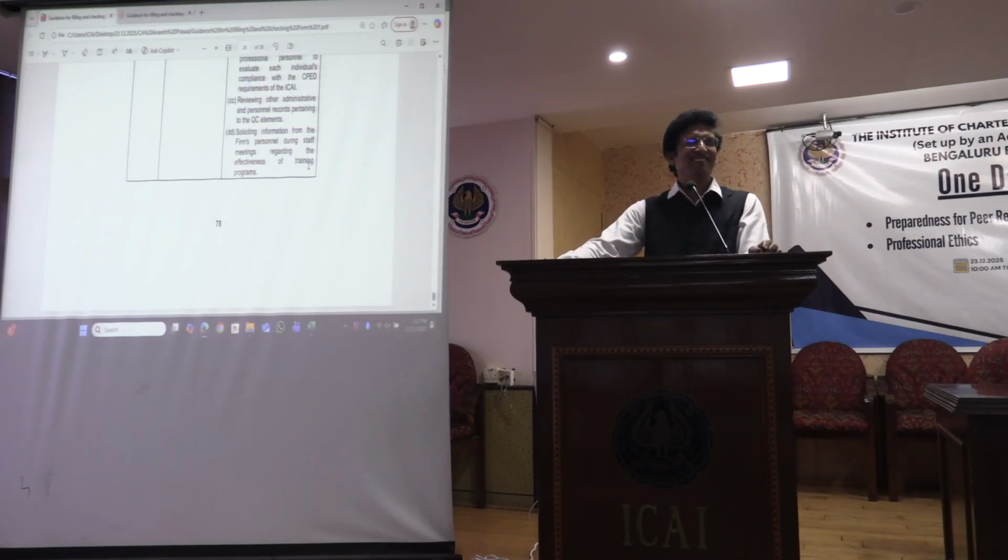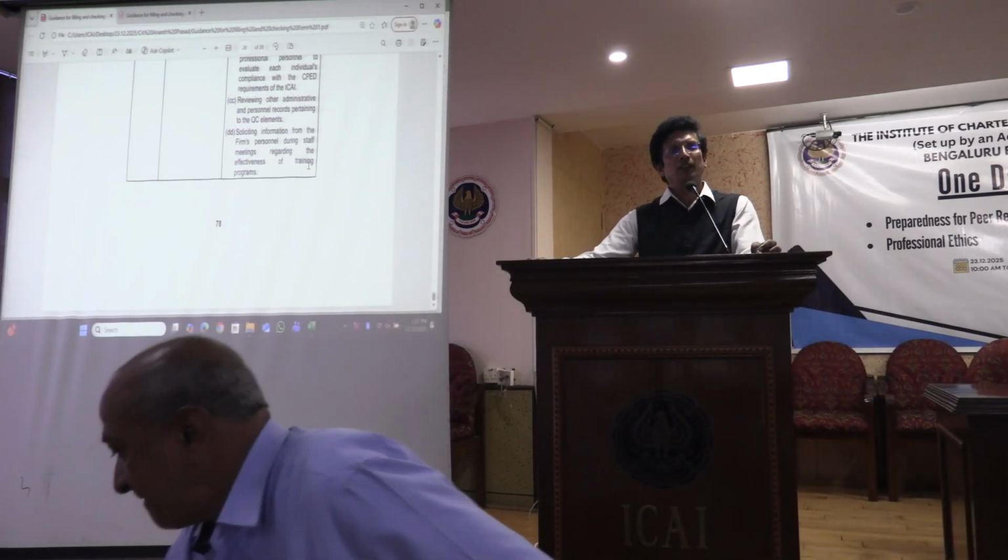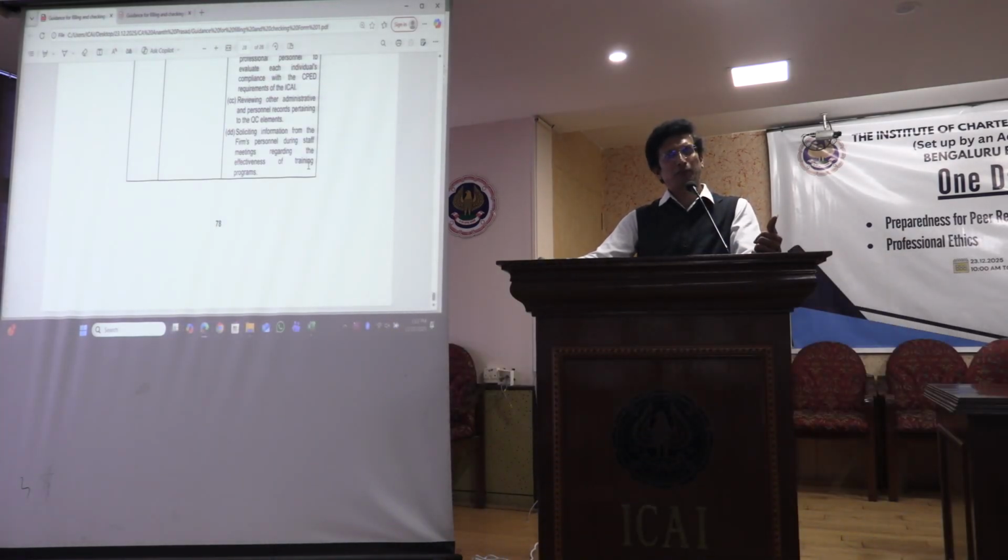When you say that data management is a core component of where things go wrong, the client data management, is this one of the core areas that could go wrong in a peer review? See, basically, for your period of review, you need to have the list of the clients. One, the list of clients, who's the partner that got involved, what is the nature of service you have done.